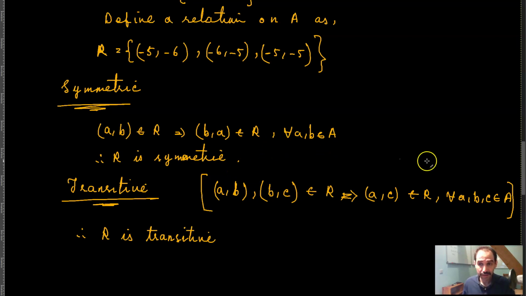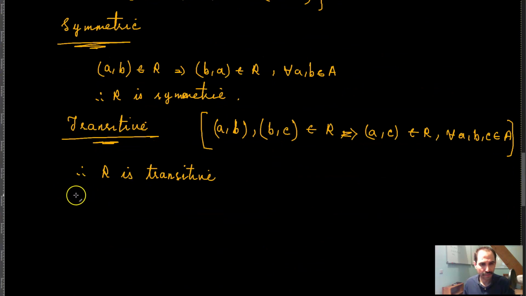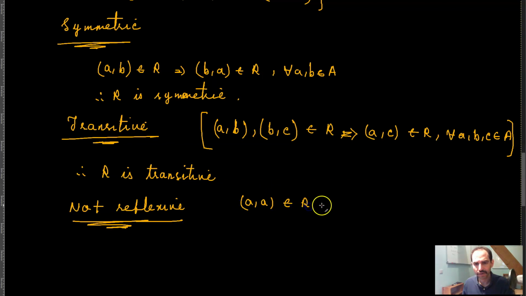Now, to show that R is not reflexive, the condition for being reflexive is that (a, a) has to belong to R for every a belonging to A, right?